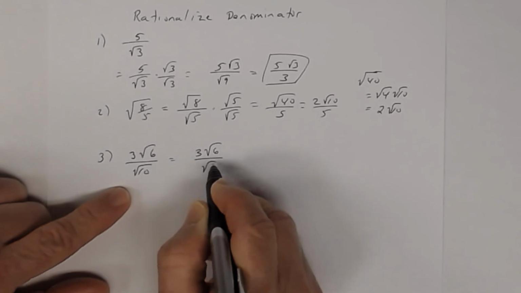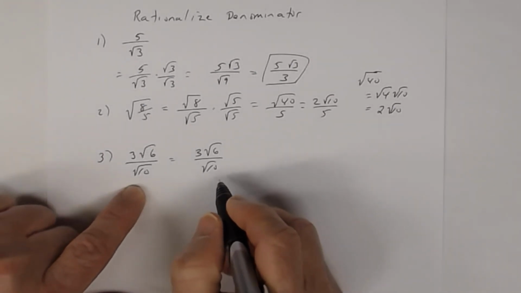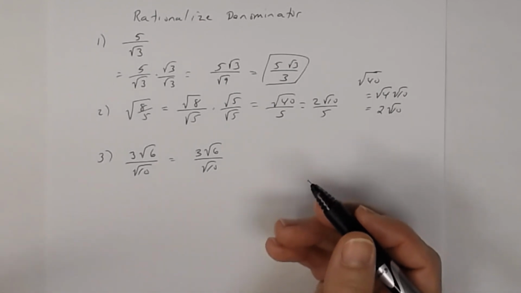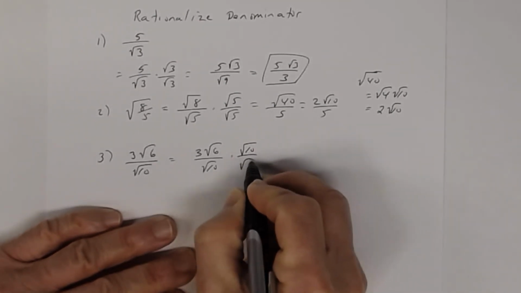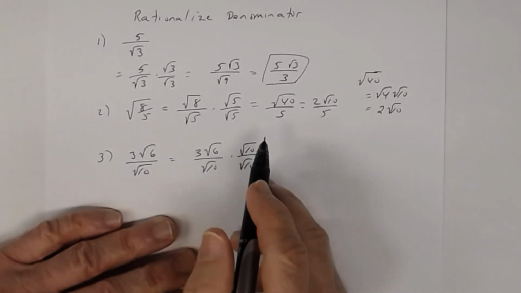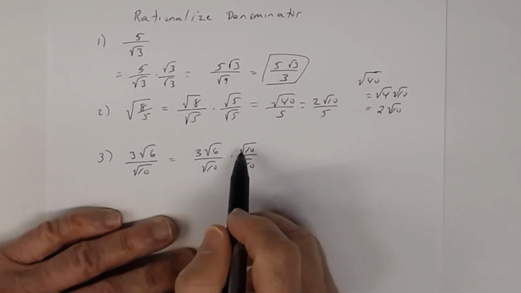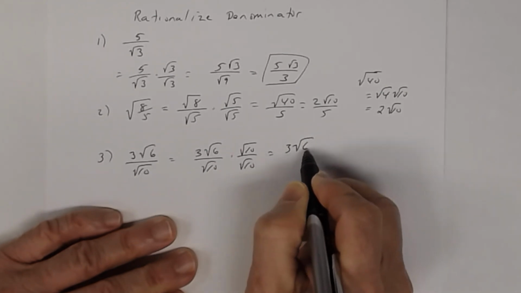So the process to make the square root of 10 a rational number is to multiply the square root of 10 by itself. That's the easiest way to do that. So I'm going to multiply both numerator and denominator by the square root of 10. And so using the properties we just talked about, the square root of 6 times the square root of 10, that's going to be the square root of 60.